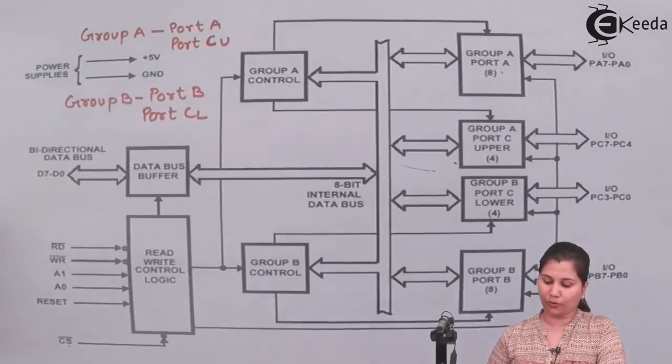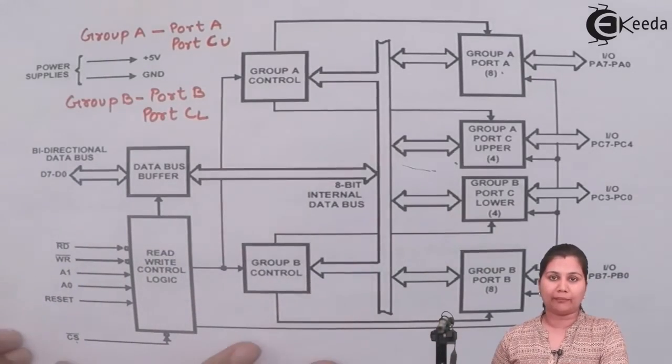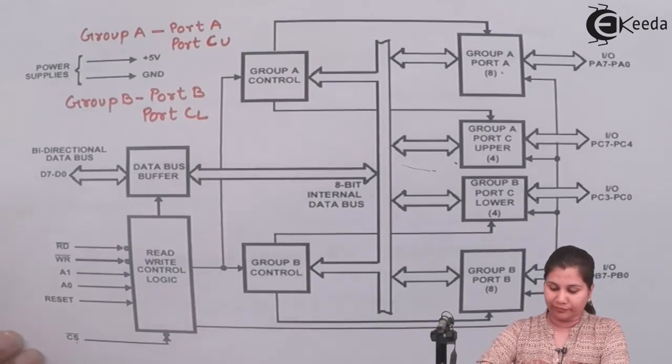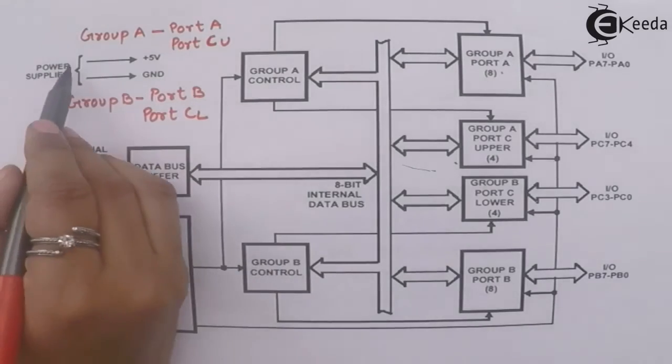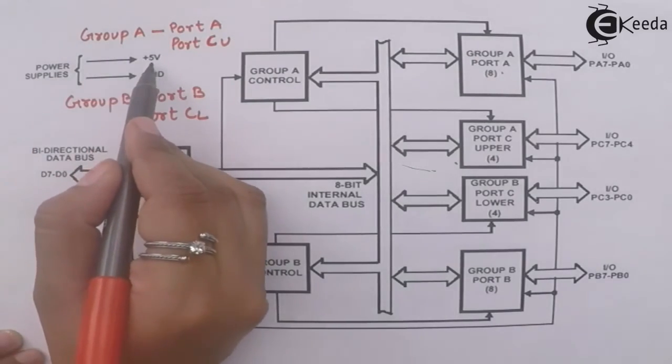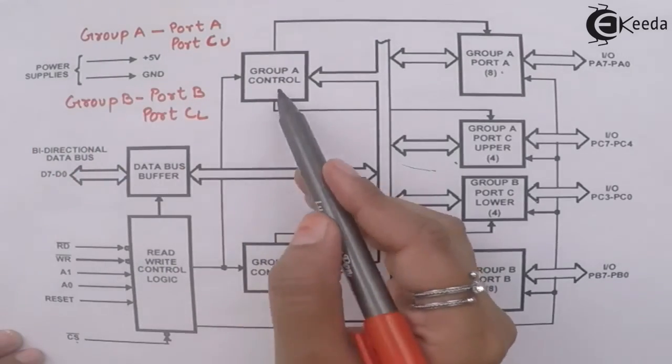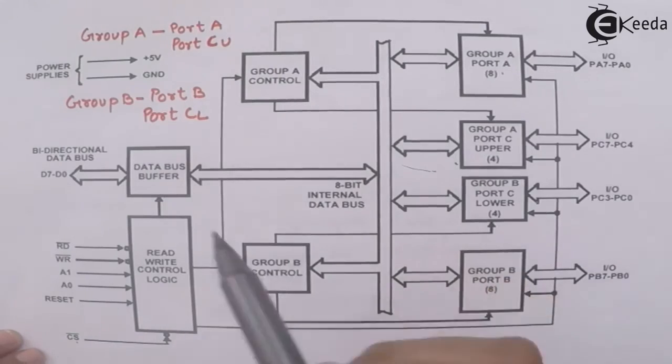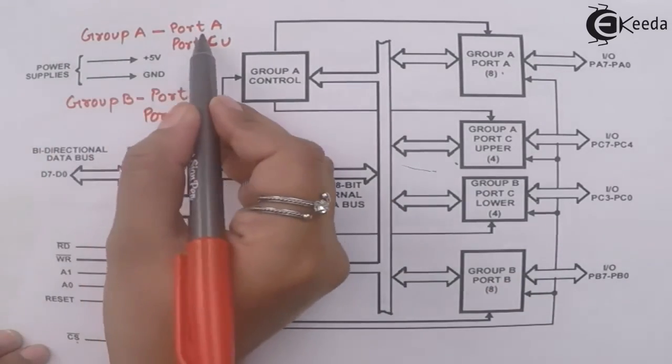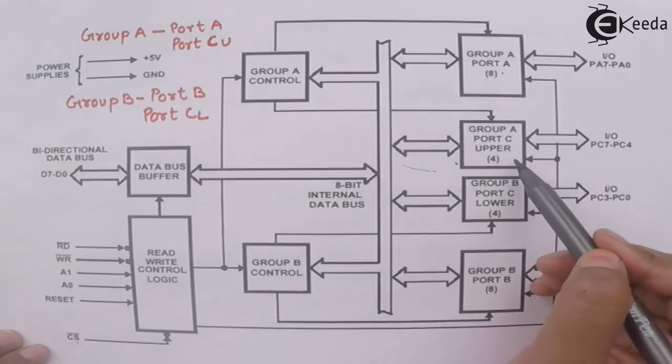So that is the function of all the blocks of this block diagram of 8255. We know that the power supply is provided by plus 5 volts and ground. Then we have the group A control and group B control. Group A control has port A and port C upper.